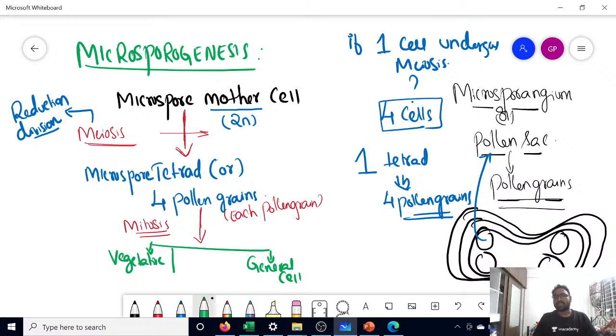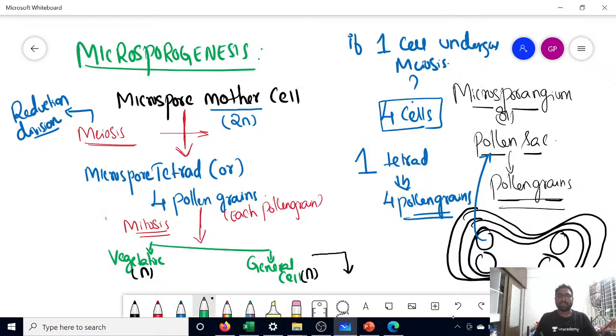Here I am writing the ploidy: vegetative cell is n, whereas generative cell is also n. Now this generative cell undergoes which division here?